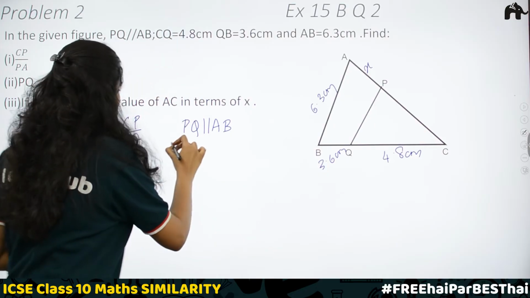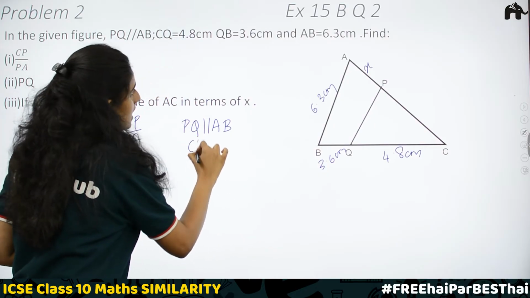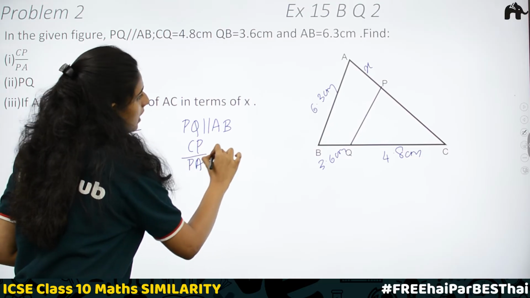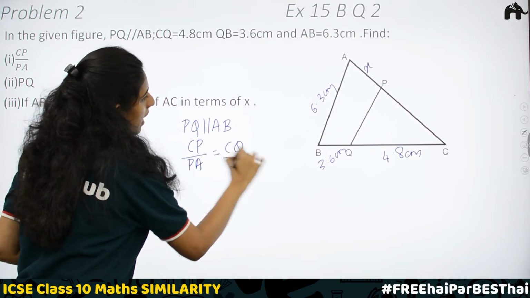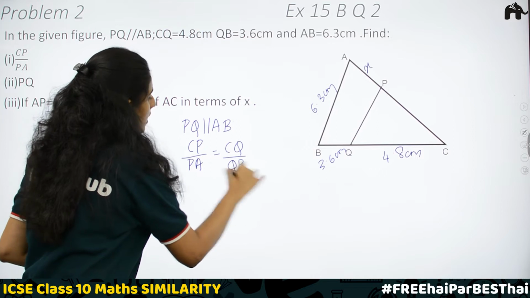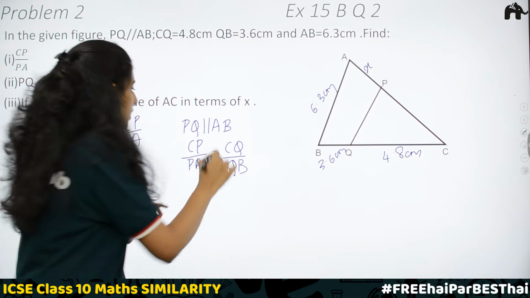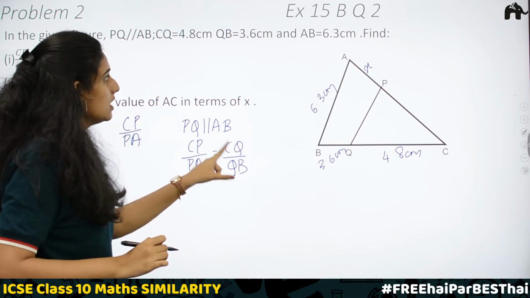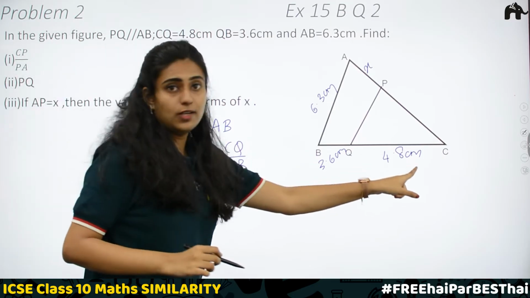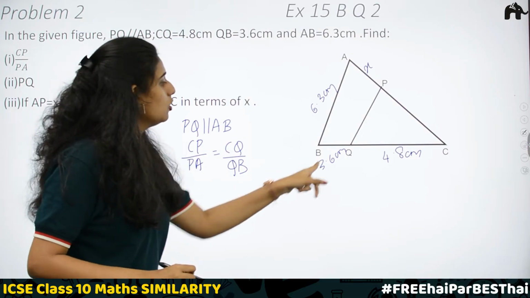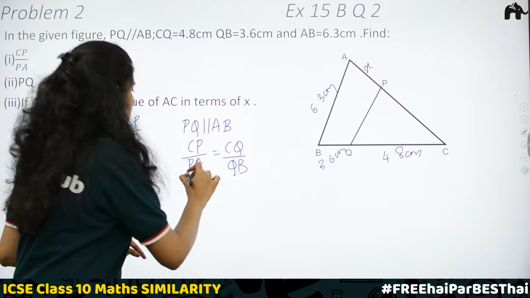That is, CP by PA equals CQ by QB. We know CQ is equal to 4.8 and QB is equal to 3.6.